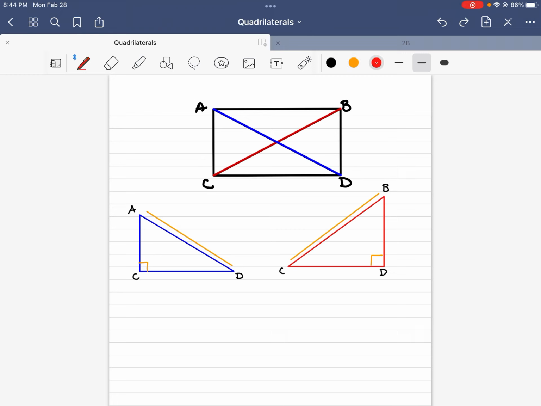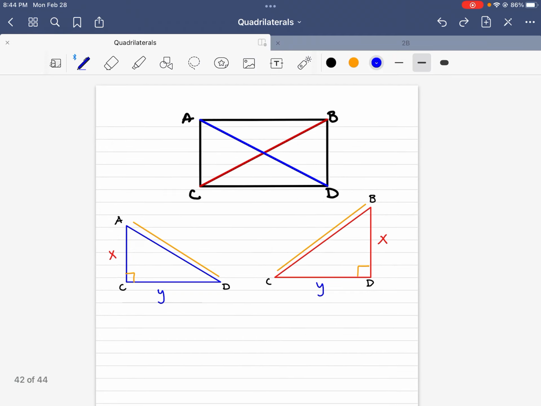So I'm going to say that AC is congruent to BD. So if this is X, then this also has to be X. And if I know that this bottom side is Y, then this is also Y because this is CD and CD. They're sharing a side.